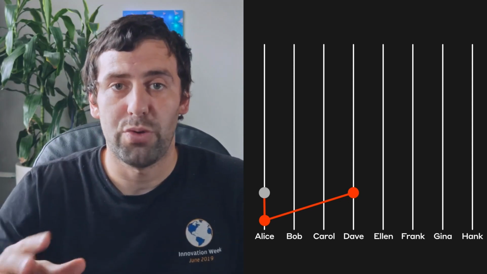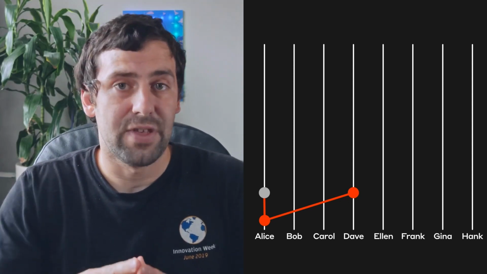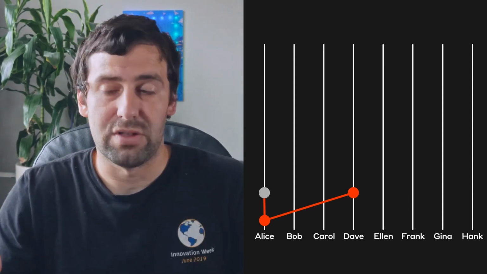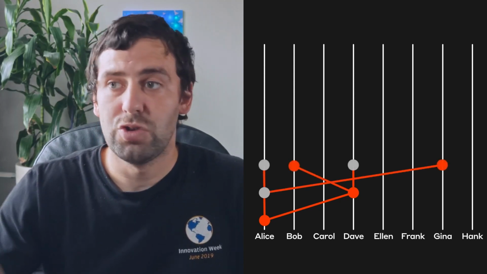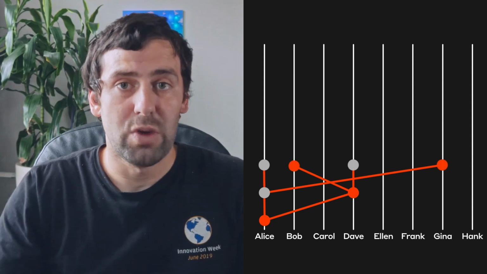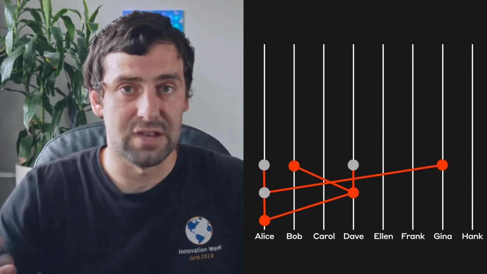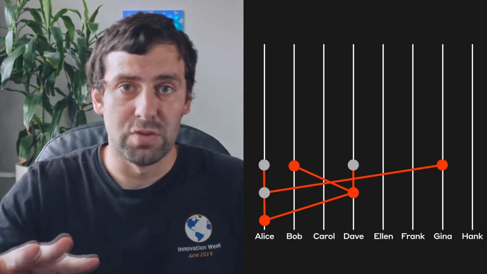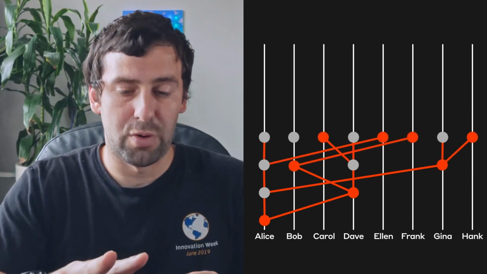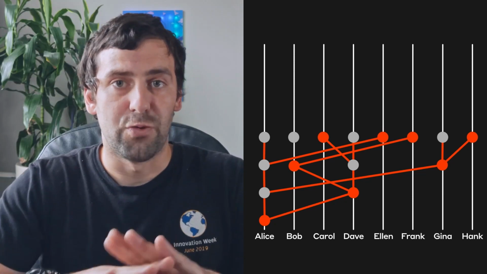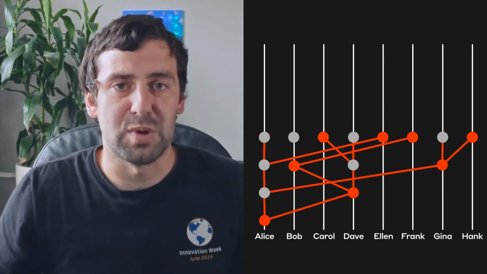So now both Alice and Dave have that message, and they know about that message. Now Alice and Dave send this message to 2 other random nodes. So now we have 4 nodes that know about the message. And then these 4 nodes send messages to 4 other random nodes. So we basically go from 1 to 2 nodes to 4 nodes to 8 nodes, and it grows exponentially like this.